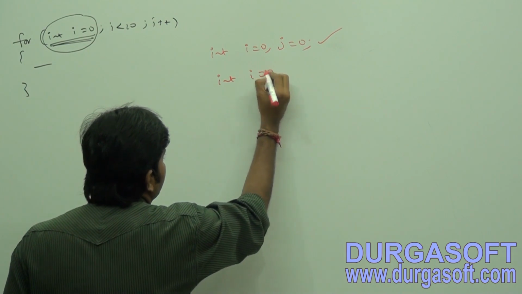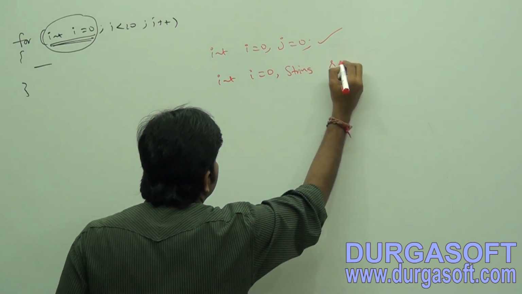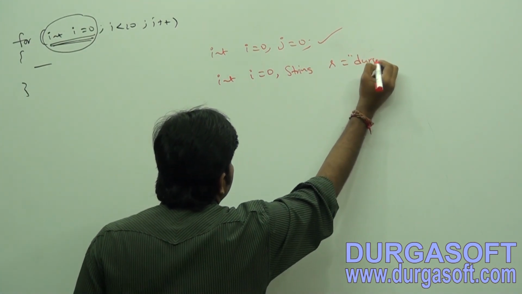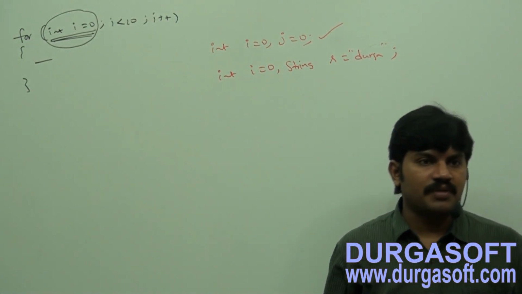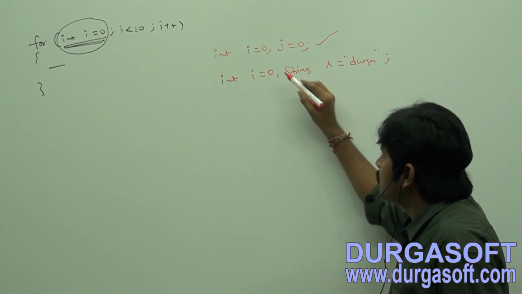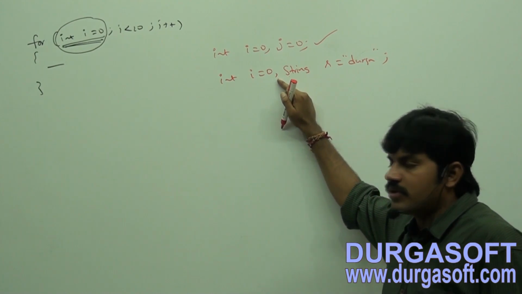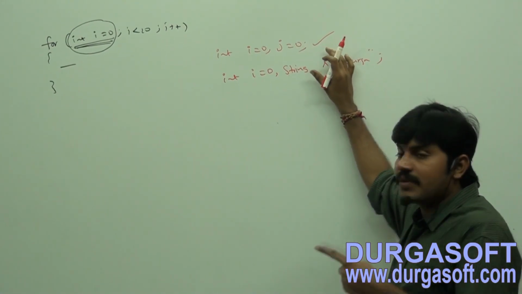Can I take int i = 0, String s = Durga? Is it valid or invalid? Invalid. The compiler will give an error, because after int i = 0, before String s, compulsorily we have to take a semicolon. If I take a semicolon, this one will become a conditional check.